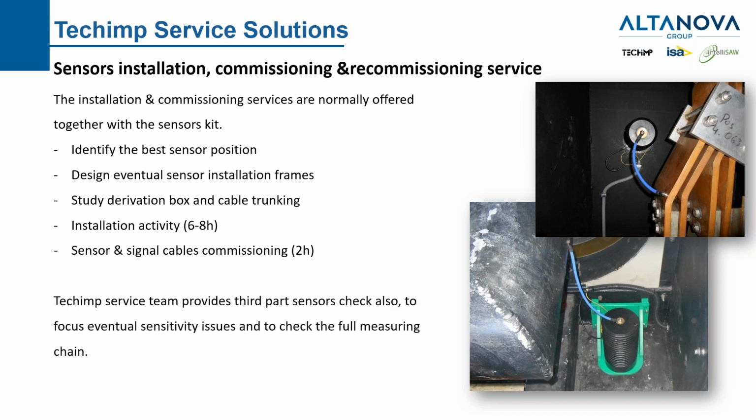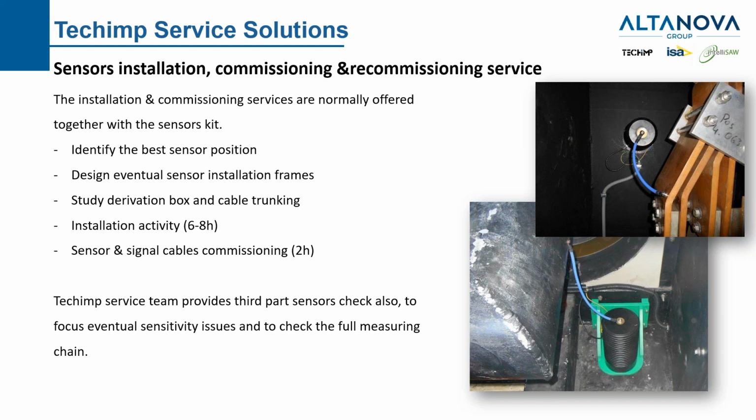Let's say that in your facility you already have some sensors. Hopefully we don't have any issues using these sensors with our equipment, but to be sure that everything is made properly, we perform the sensor commissioning again. We check the sensitivity, the phasing, and the signal cables.